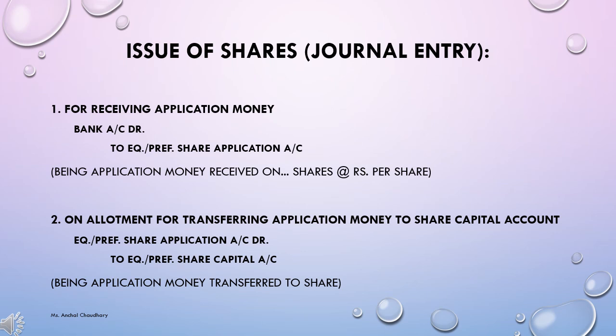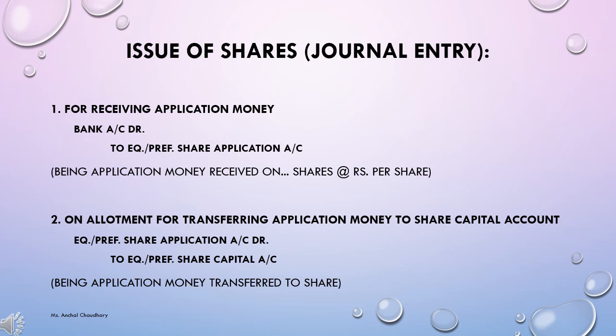So students, here are the journal entries for the issue of shares. Please have a look at them and try to understand all the journal entries which I am going to share with you. First is for receiving application money. Whenever you have received application money, your journal entry will be bank account debit to equity or preference shares application account.